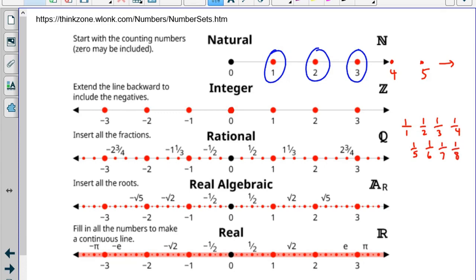I would never run out, and all of those are between 0 and 1. So 1/8 is really close to 0. 1/100th is even closer to 0. 1/1,000,000th is even closer to 0. And so the gaps that show up in this picture of the rational numbers are not nearly as big as you might think. Okay. So the gaps aren't very big, so to speak, but there are small gaps.